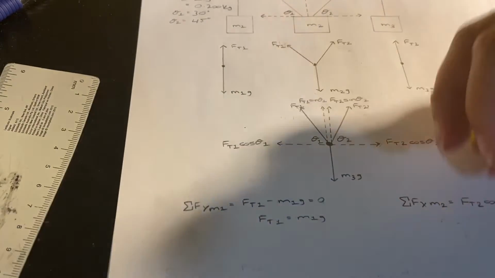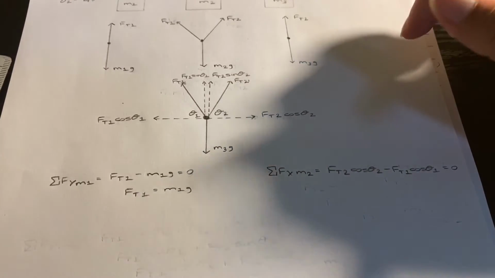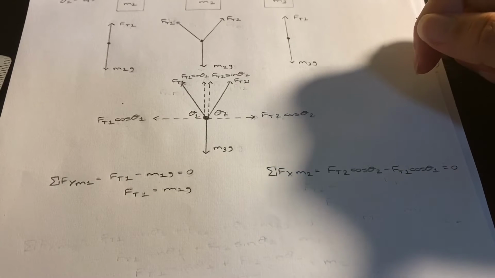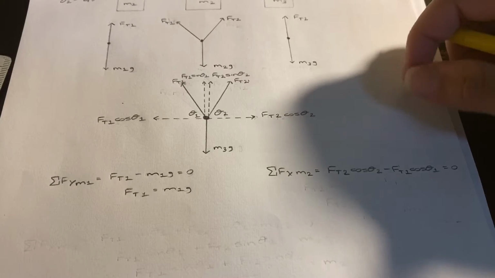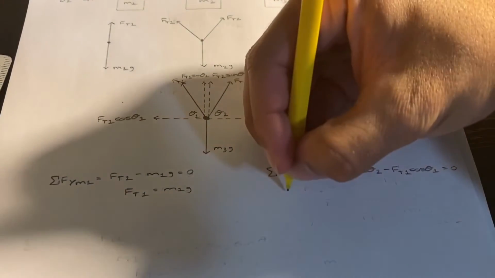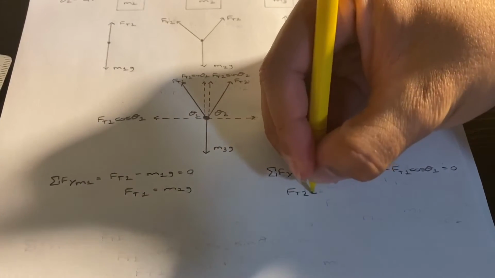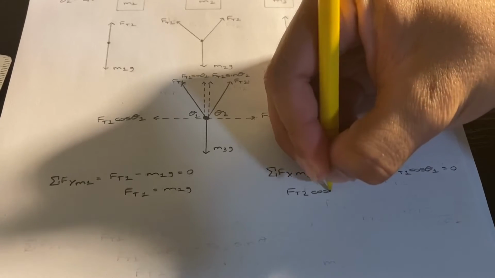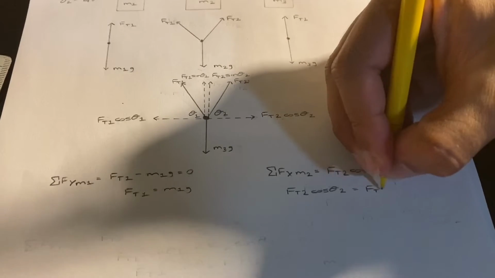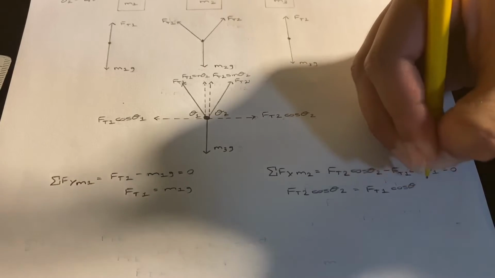If we do some algebraic manipulation and add ft1 cosine theta 1 to both sides, we can see that these two forces are actually equal to each other. So we get ft2 cosine theta 2 is equal to ft1 cosine theta 1.